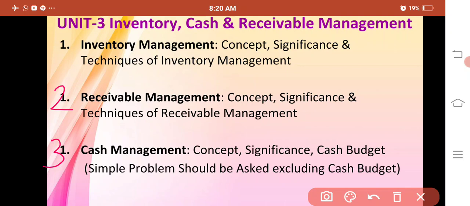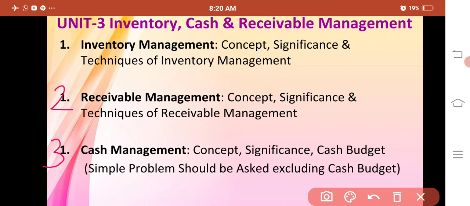In these 3 chapters, we are going to study the concept, significance, that is importance, and techniques of inventory, receivable, and cash management.